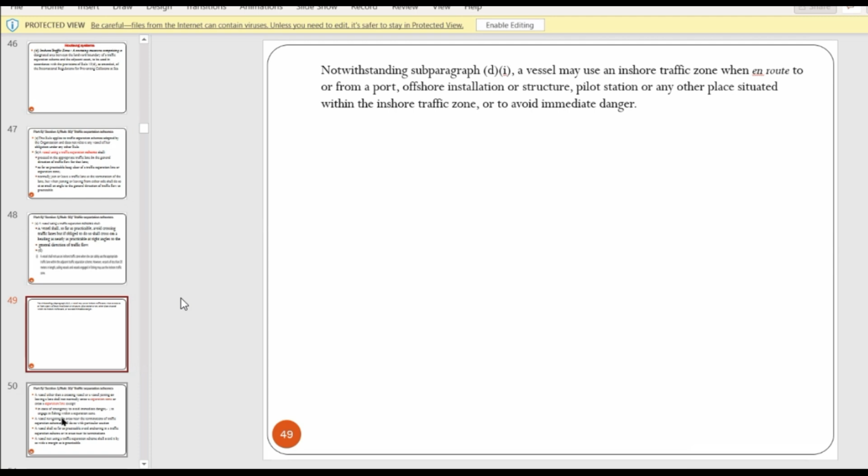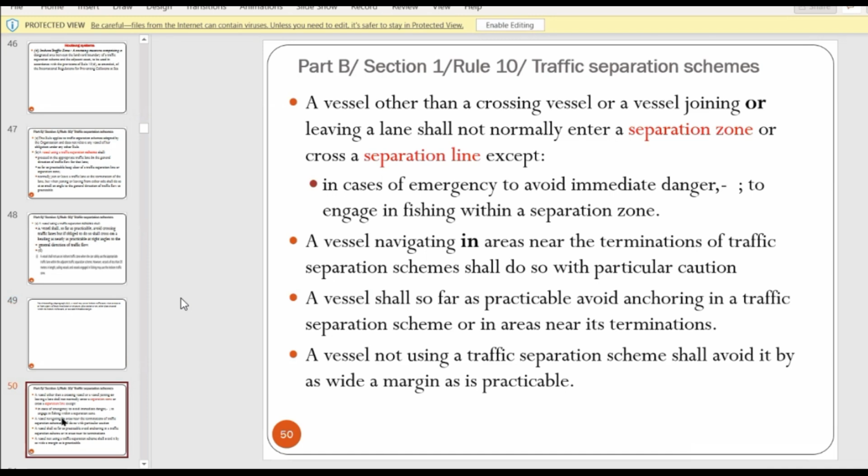Or if they are going to a port or any offshore installation or structure, or going to pick up the pilot within that inshore traffic zone, that is where they are permitted. So this is basically talking about this. Now it is not yet over.